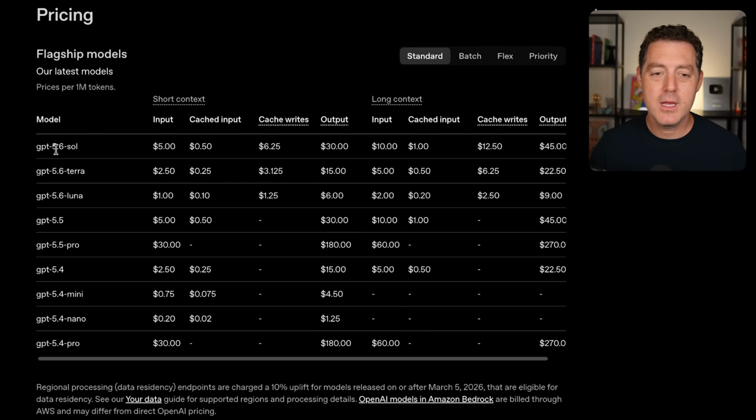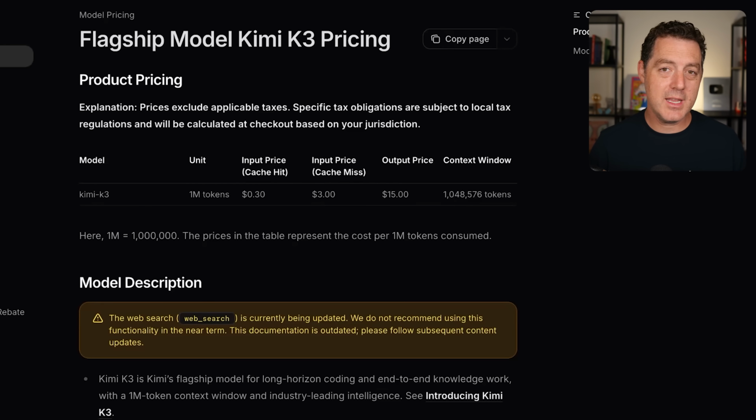Here's an example. GPT 5.6 Sol, which is the most recent release by OpenAI and also their most powerful model, comes in at $5 per million input tokens and $30 per million output tokens, which is quite expensive. Fable from Anthropic is even more expensive. And just last week, a new Chinese open source AI model dropped called Kimi.